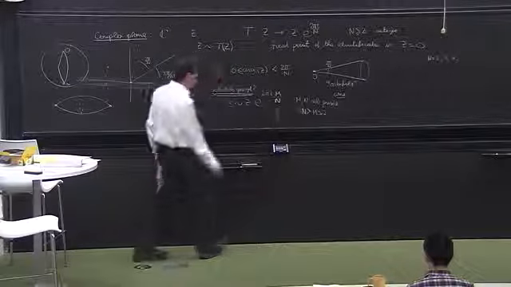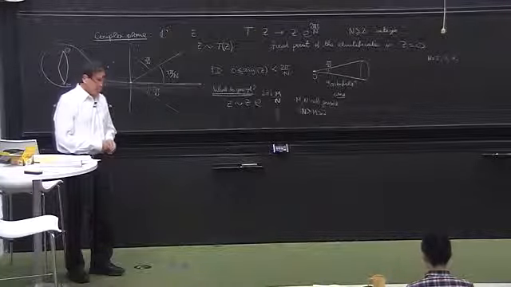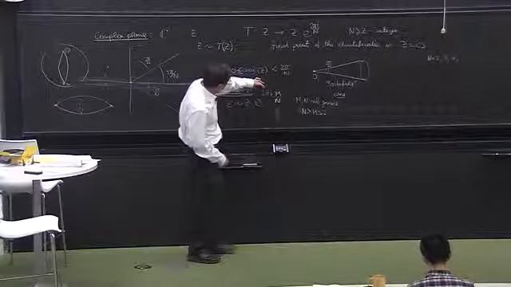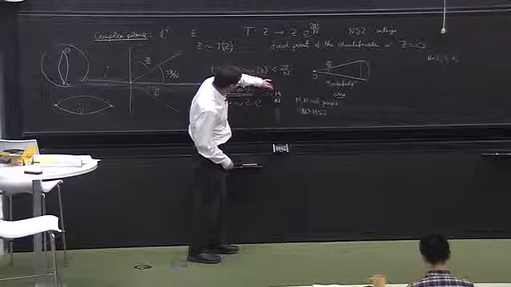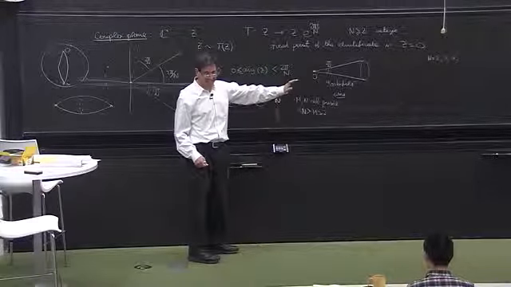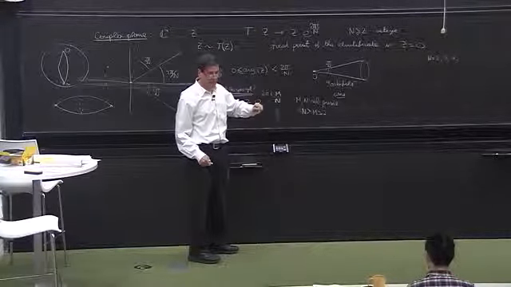It's an interesting question, because the answer is that it's not a cone with angle 2 pi m over n. You might think you get that, but it's not that.